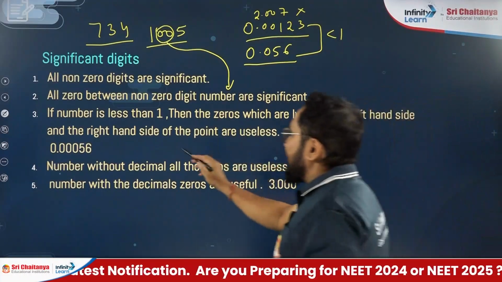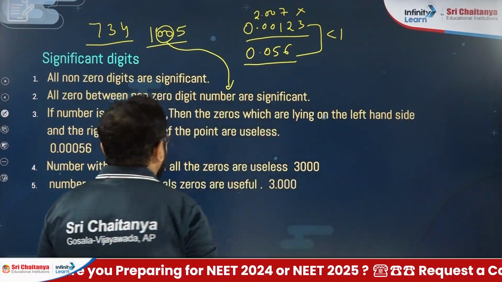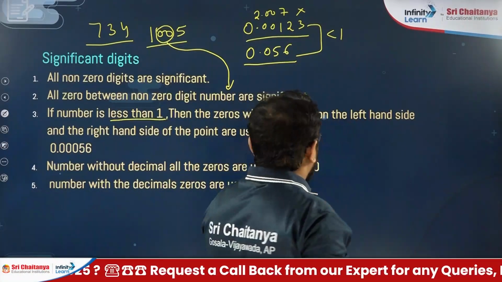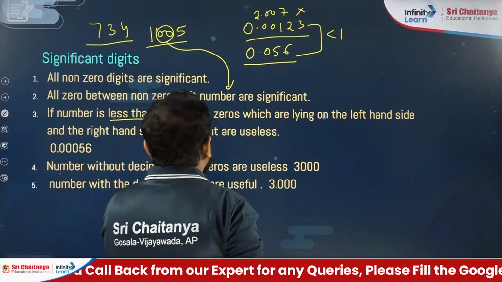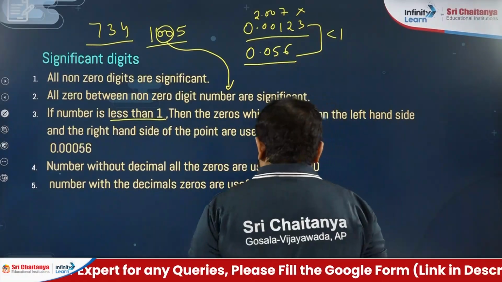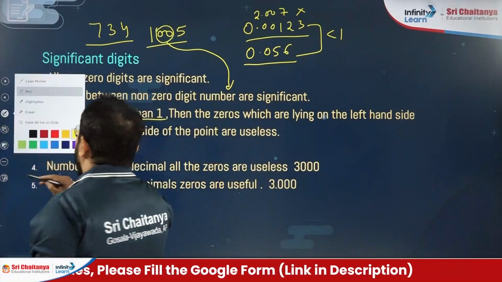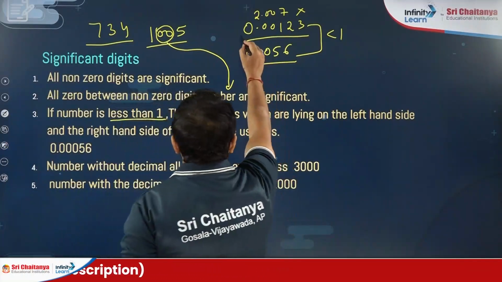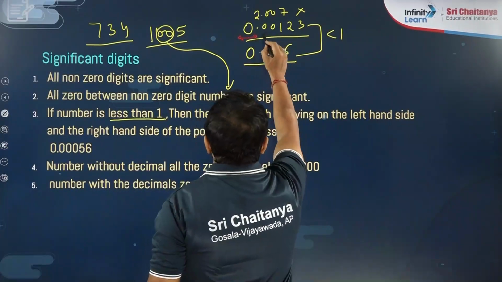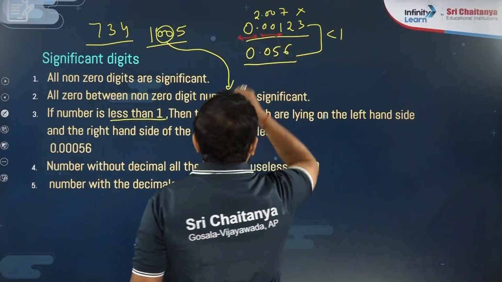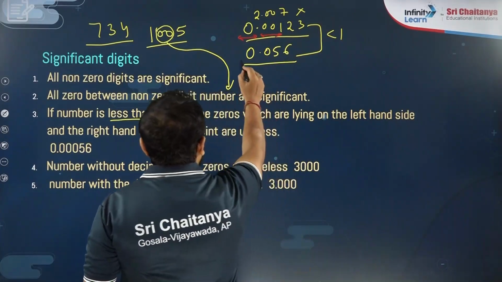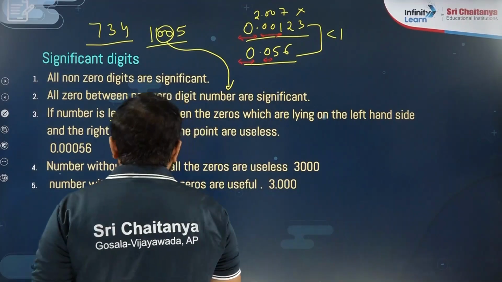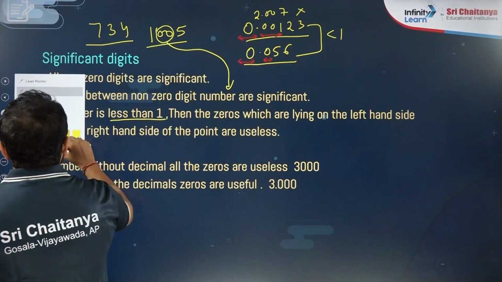So if number is less than 1, remember this point, my dear students. Then the zeros which are lying on the left hand side or on the right hand side of the point are useless. The zeros lying on the right hand side and on the left hand side, they all are useless.